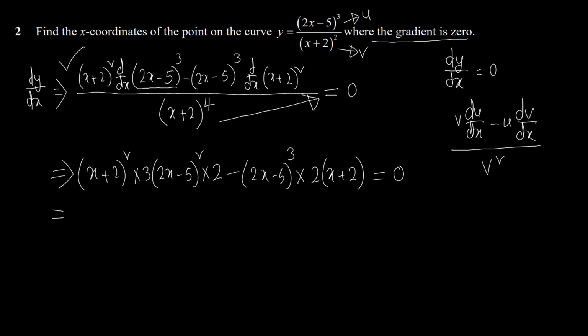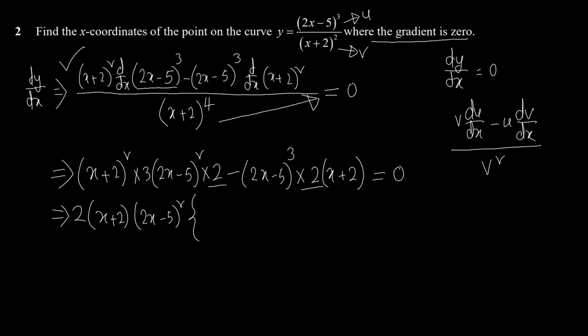Now from there we can take some parts common. First, 2 is a common number, so let me take 2 common. Then we can take x plus 2 common, because it is present in both terms. Another part we can take common is (2x minus 5) squared.